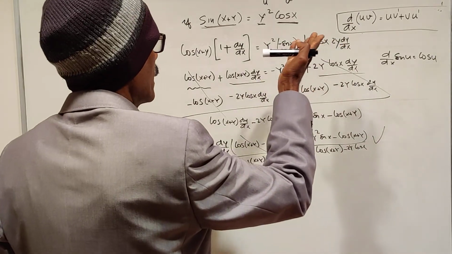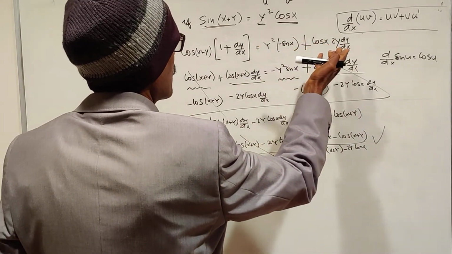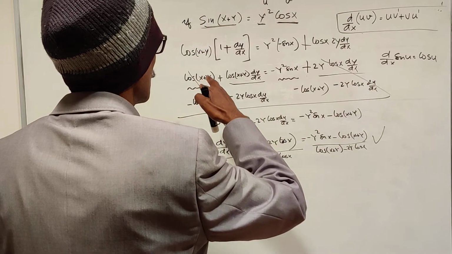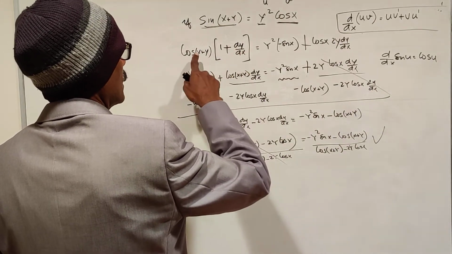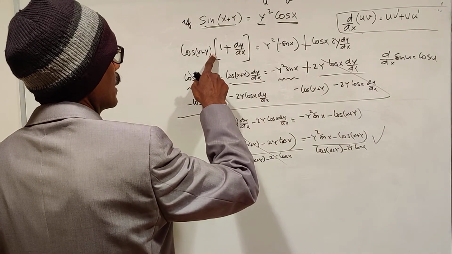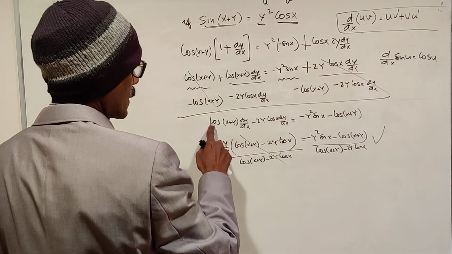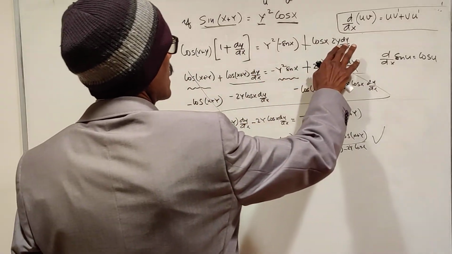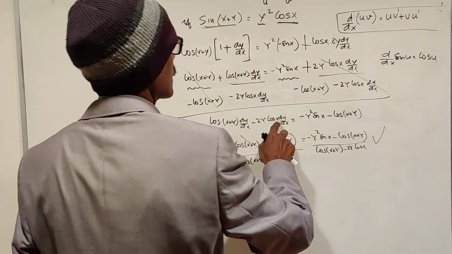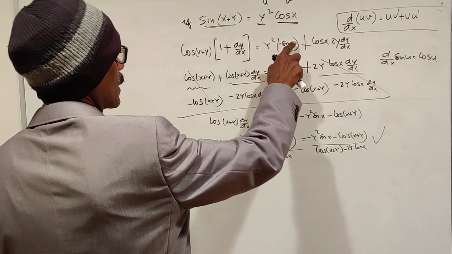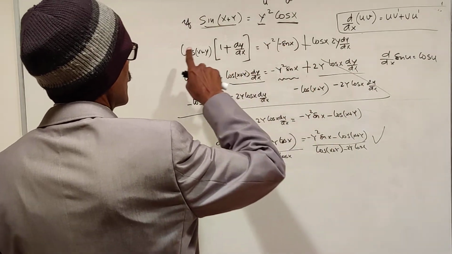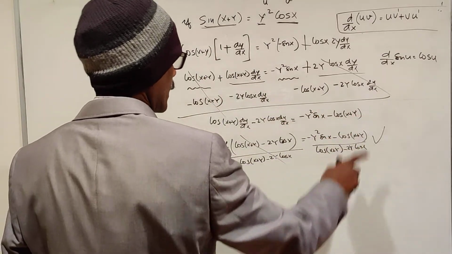So all the dy by dx come together: cos(x + y) dy by dx minus 2y cos x dy by dx equals minus y square sin x minus cos(x + y), correct.